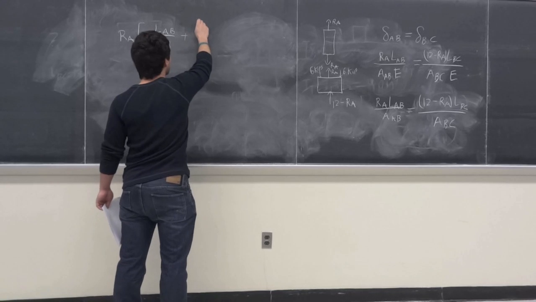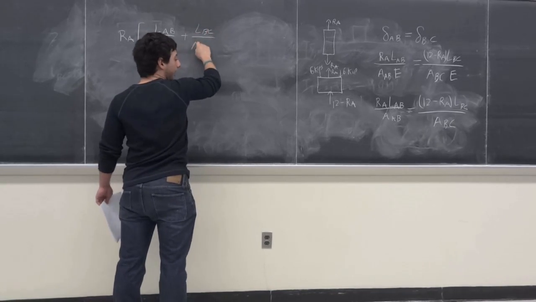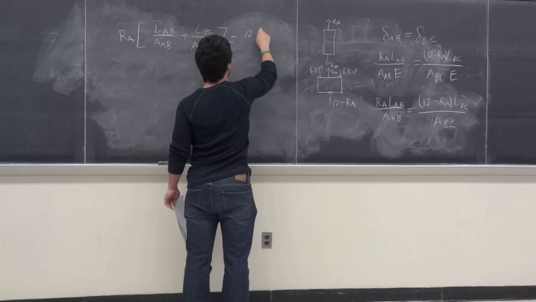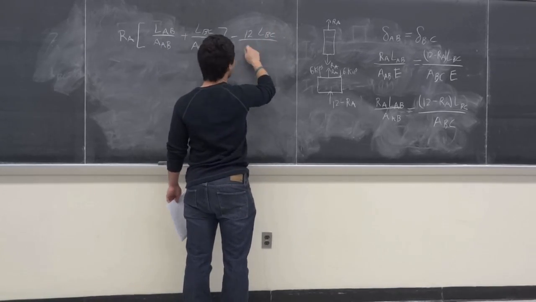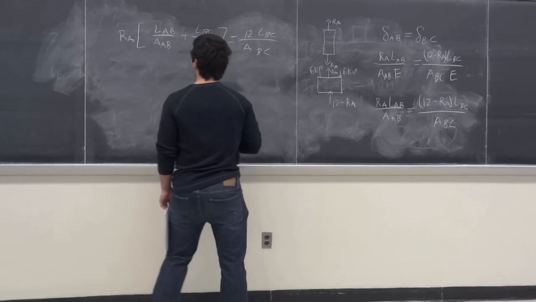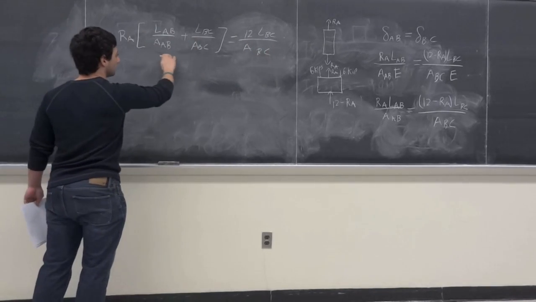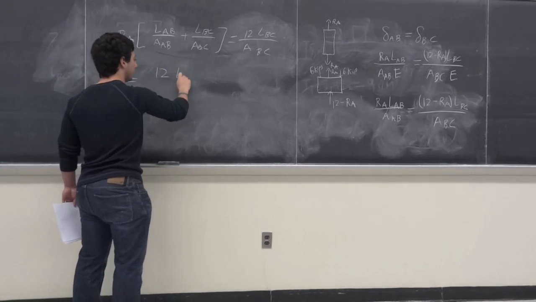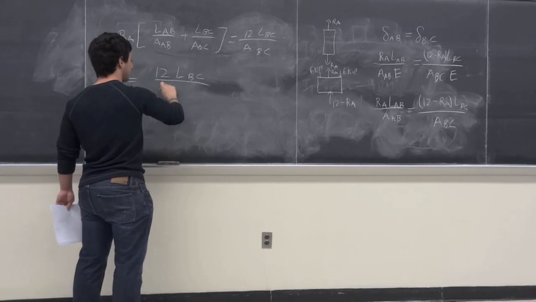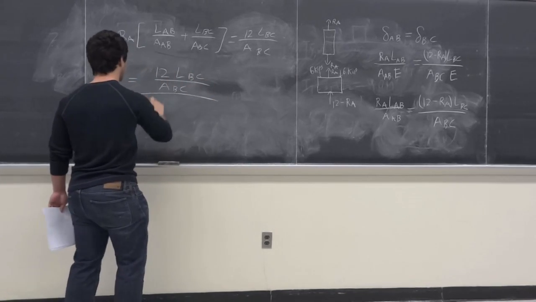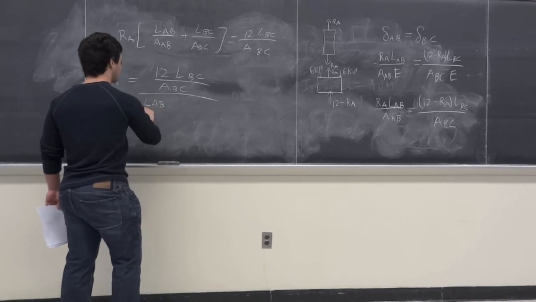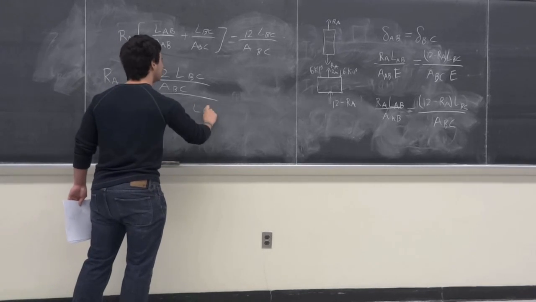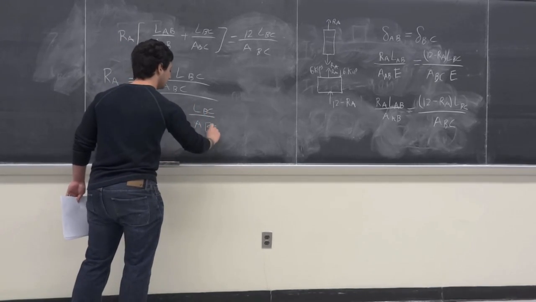So you have plus LBC over ABC is equal to 12 times LBC over ABC. All right, so you could just move this over here to the other side. So you get RA is equal to 12 times LBC over ABC divided by this whole thing, LAB over AAB plus LBC over ABC. This is just algebra.